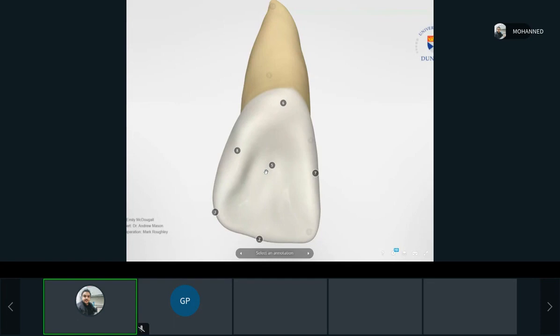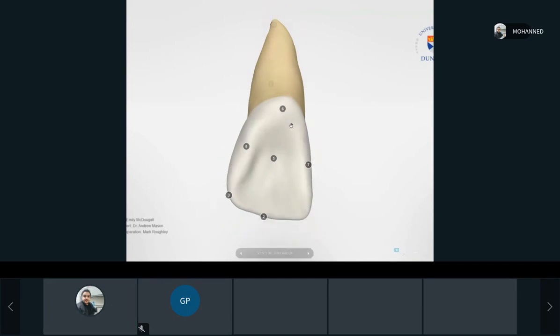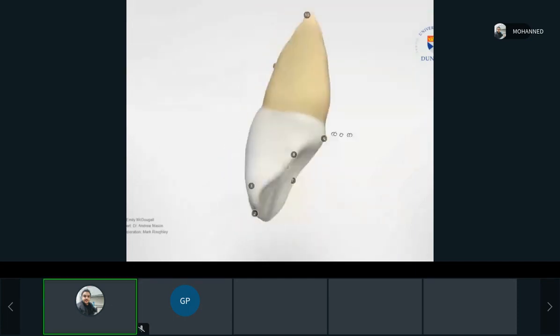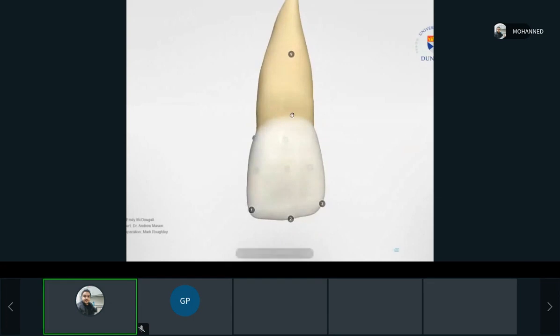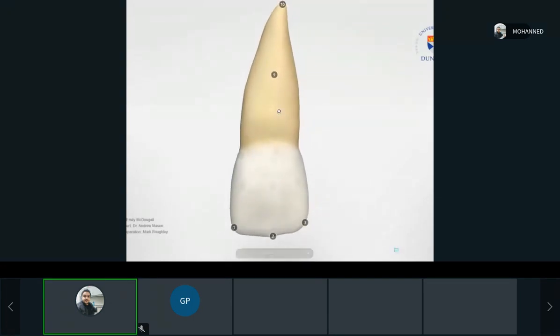Each one of us has a slightly different set of teeth. But these are the general characteristics, as general as we can put them. Okay. So these are the general characteristics for the incisors.